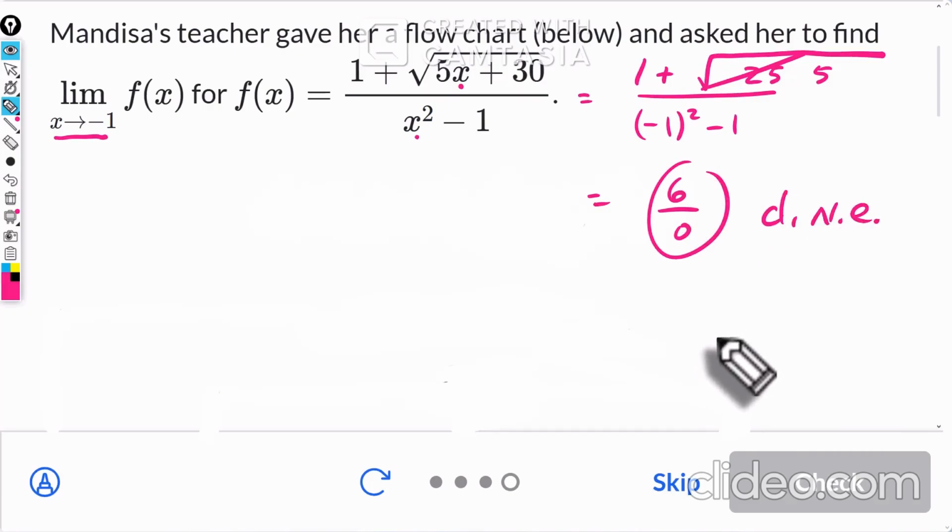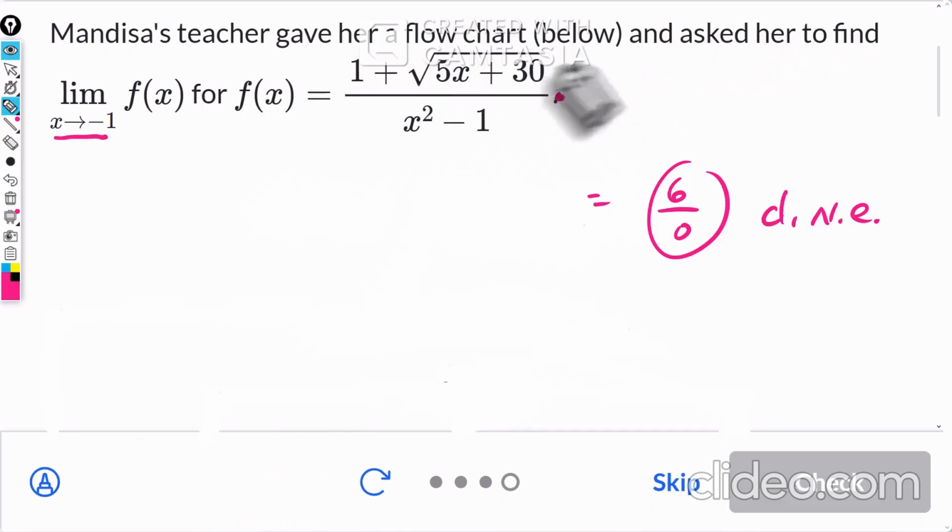All right, I was hoping to get a conjugate one. Just by the way, this one's DNE, but if this had turned out to be a conjugate, instead of a plus sign there, you would do 1 minus the square root of 5x plus 30.